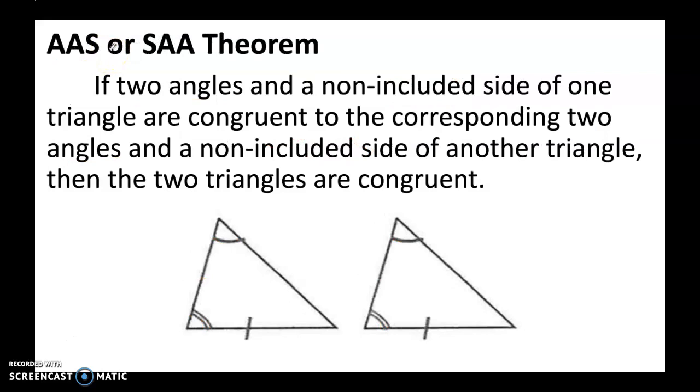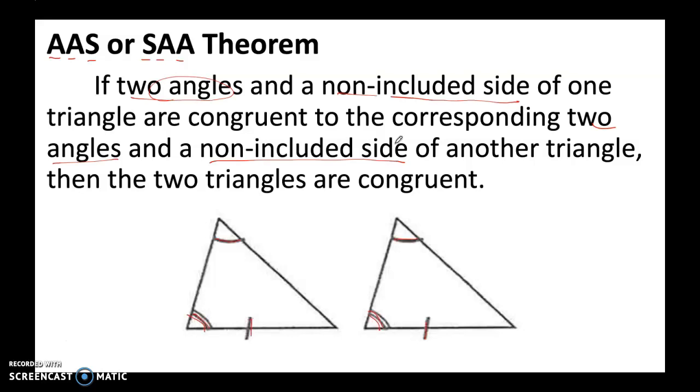Last one, we have the AAS or the SAA theorem. So we have the angle-angle-side or side-angle-angle theorem. If two angles and a non-included side of one triangle are congruent to the corresponding two angles and non-included side of another triangle, then the two triangles are congruent.